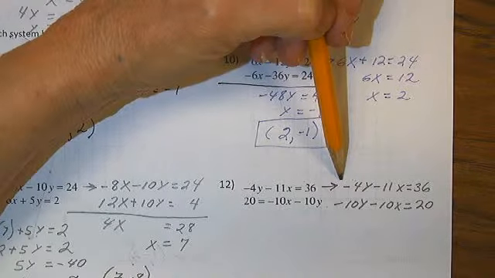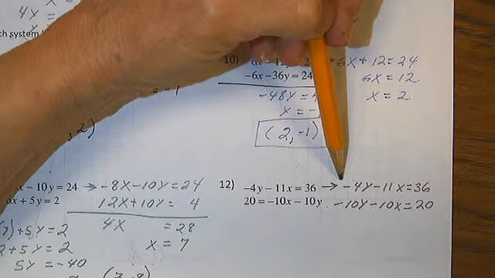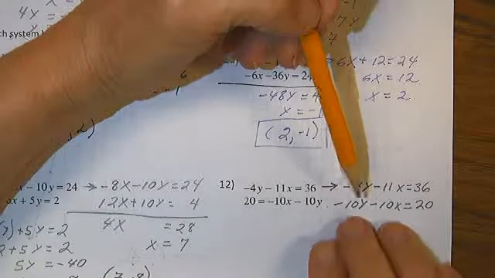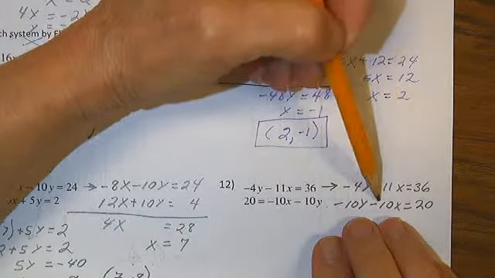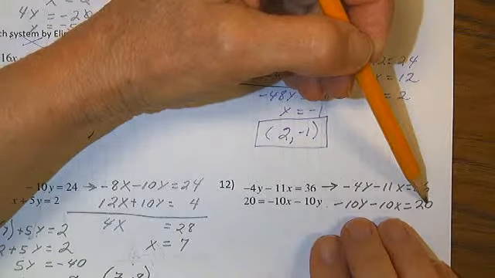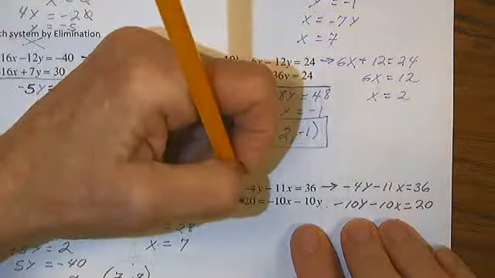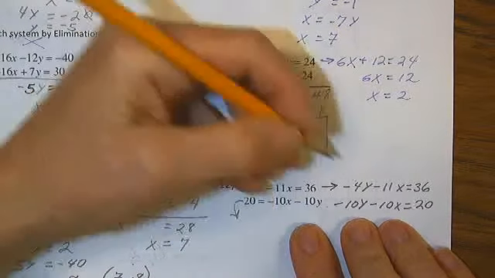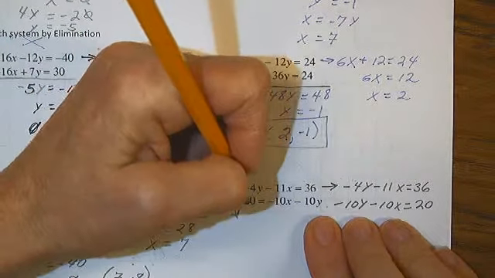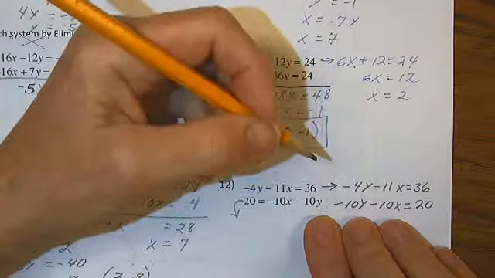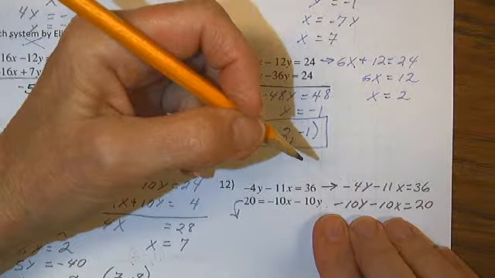Oh, wait a minute. Wait a minute. What do I see here? I see negative 10y minus 10x equals 20. This is the same as if I divide every term by 10.